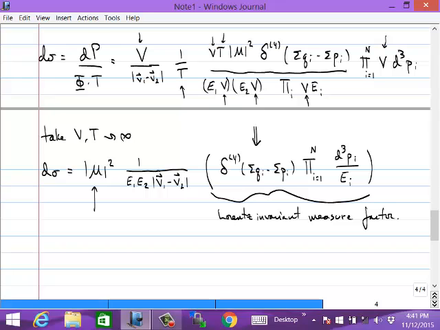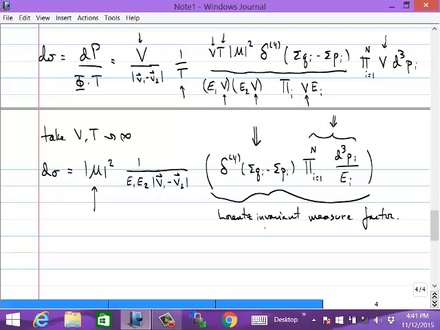And moreover, hopefully you remember, because you did a problem on it earlier on in the course, that the correct Lorentz invariant measure factor in an integral, you could either do an integral d4p, or you could do an integral d3p over the energy. I think I assigned that as a problem. So this measure factor here is Lorentz invariant as well.